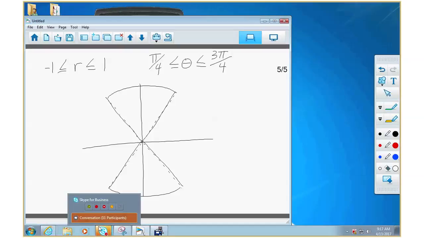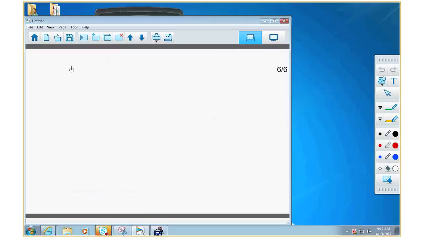Now, I want you to write r is equal to 2. That's a circle. And I want you to turn it into a rectangular coordinate equation. Not from memory.